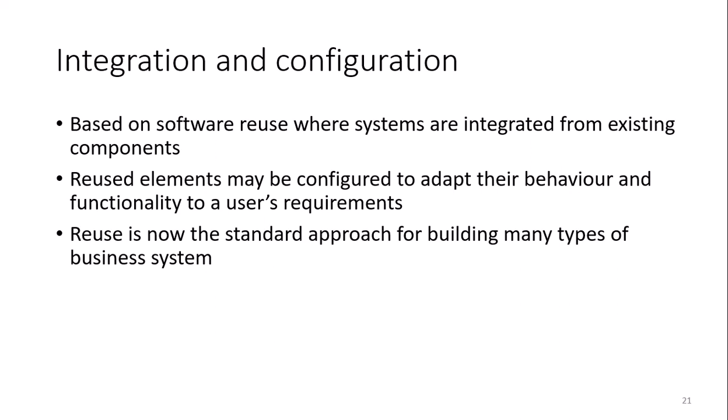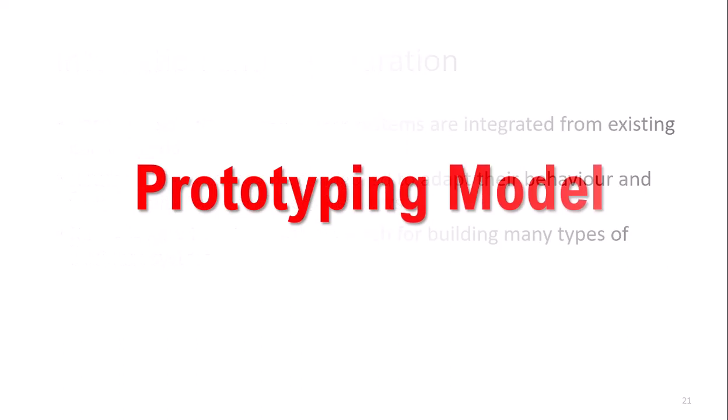The basic concept is to integrate two or more components. So if we have developed software components, we can easily reuse them, integrate them with the existing features, and then configure them to make them practical for use.